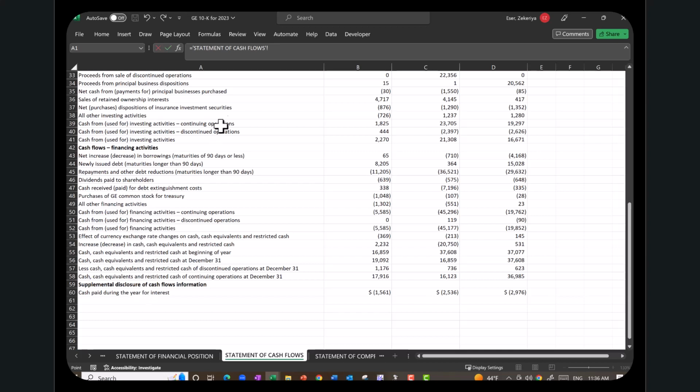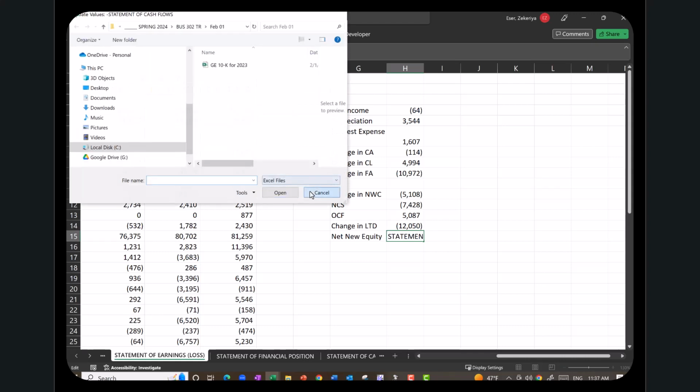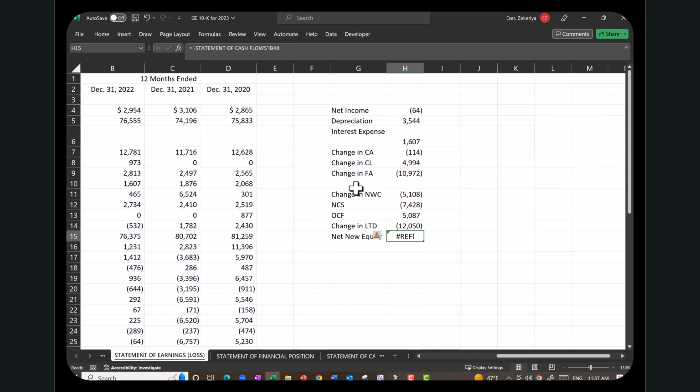They didn't actually raise any, so I'm going to put a negative in front of this. Come on, what is going on here? Because I put the negative in the wrong place. And cash dividends.